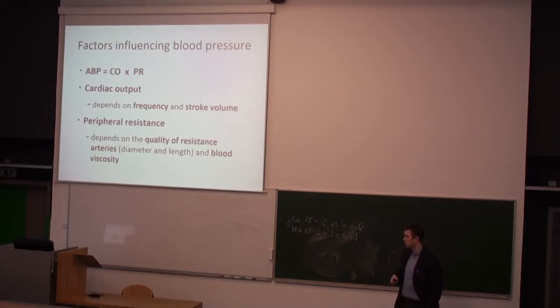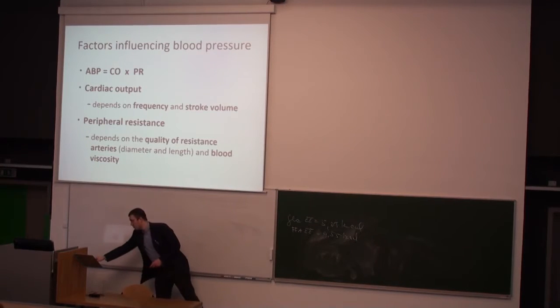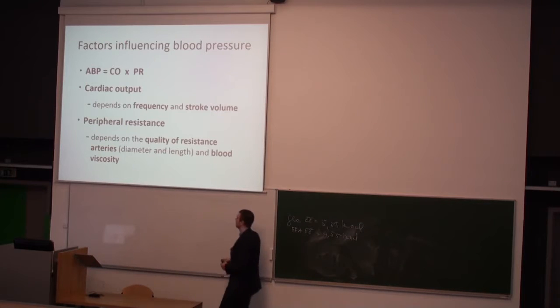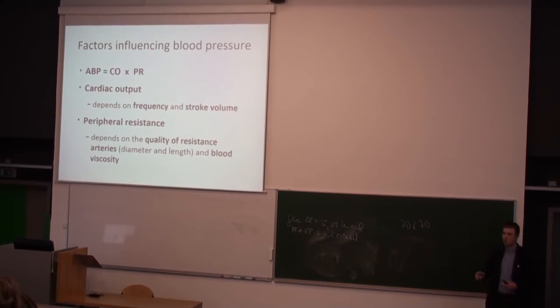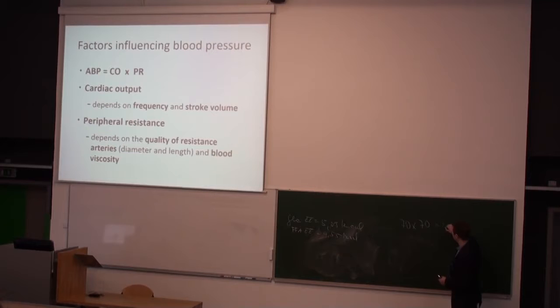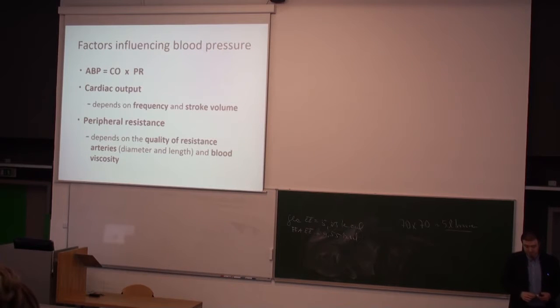If you know two basic numbers, that's the frequency and stroke volume, you are able to calculate the cardiac output. So if a simplification is that it's 70 multiplied by 70, you know that the result is around 5 liters. Yes? So you do not have to remember the number, you can quickly calculate it.